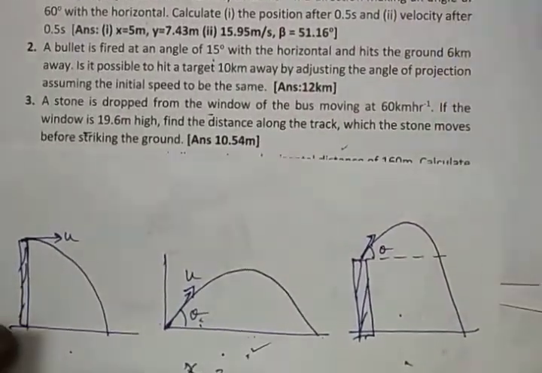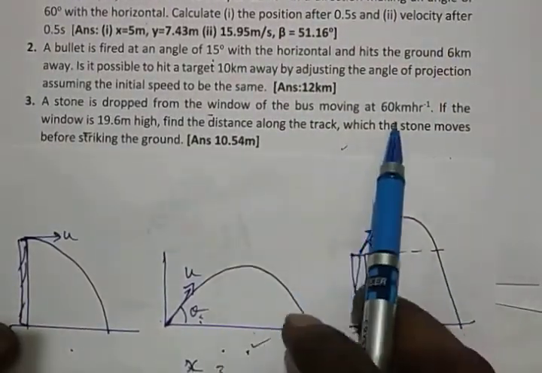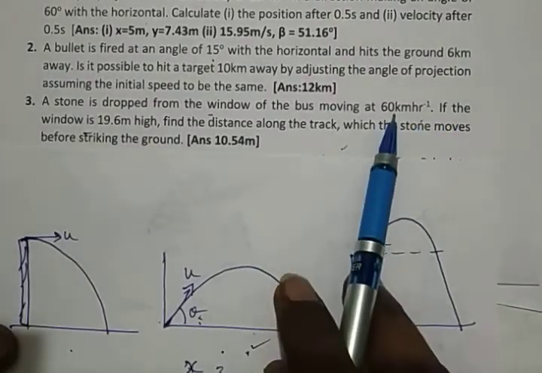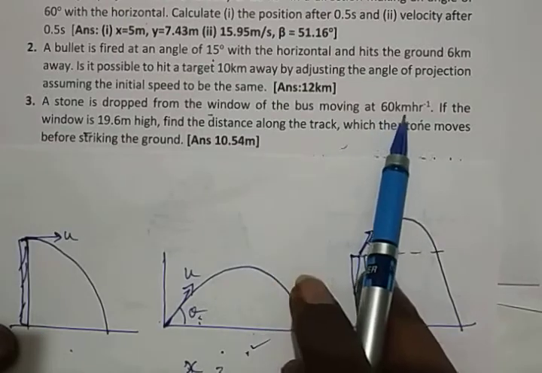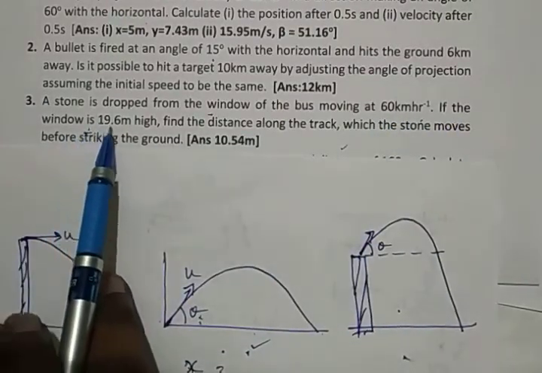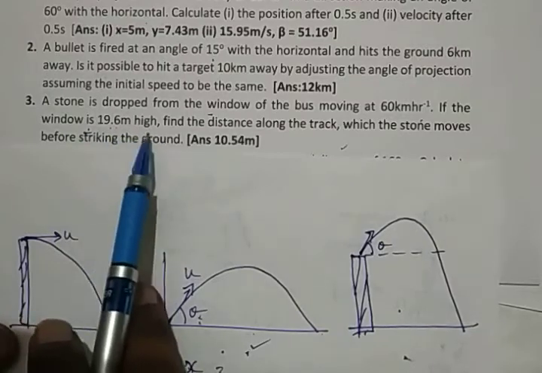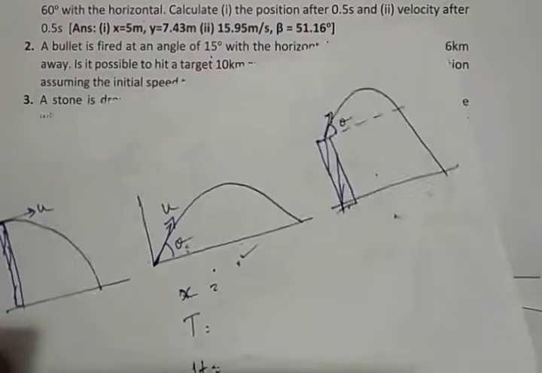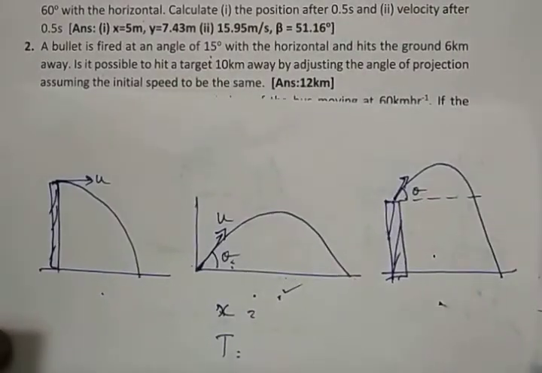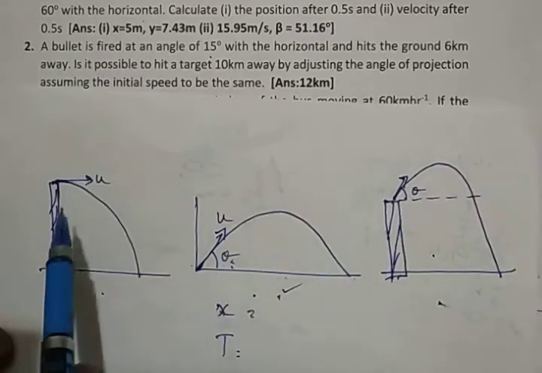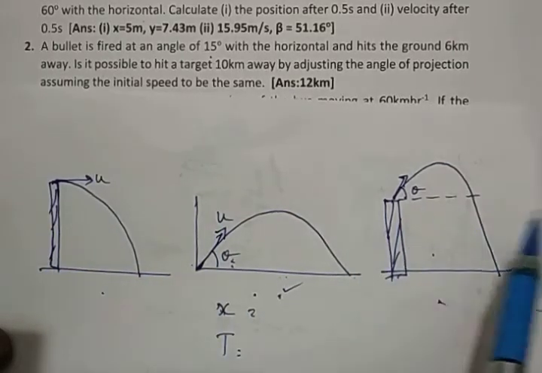A stone is dropped from a window of a bus moving at 60 kilometers per hour. That means it is from a height, because it is the window of a bus. And the window is 19.6 meter high, that is already a height. Find the distance along the track. So it seems this is not the one, because there is a height there, either this one or this one, and it is just dropped.